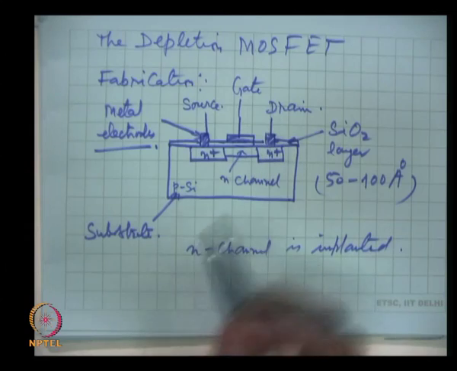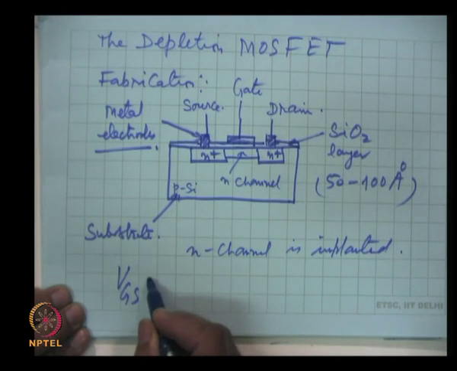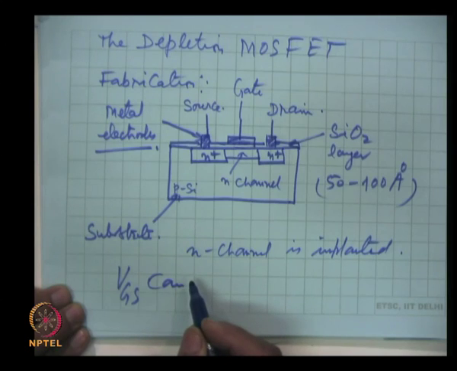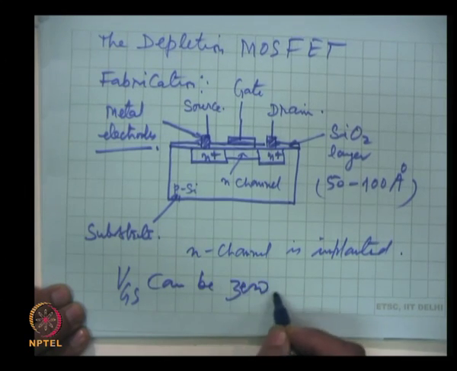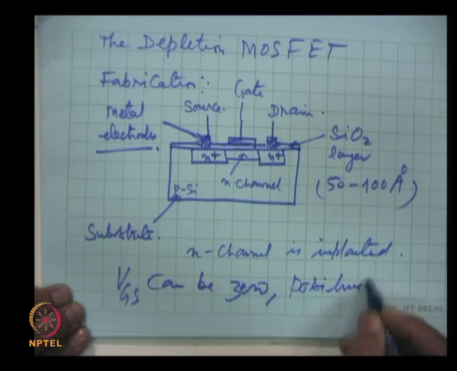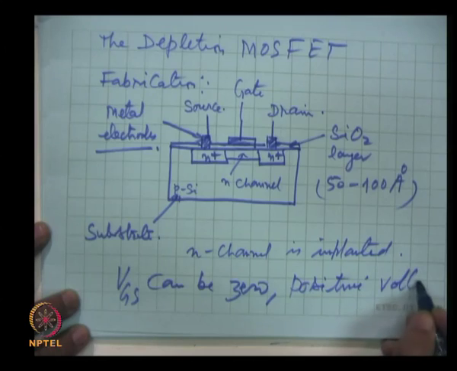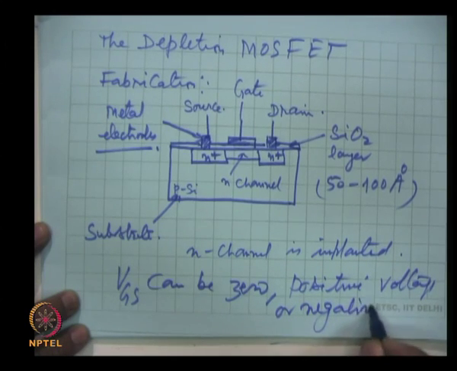Therefore, the gate source voltage VGS, and this is a very significant point, can be 0 or positive voltage or negative voltage, all possibilities.